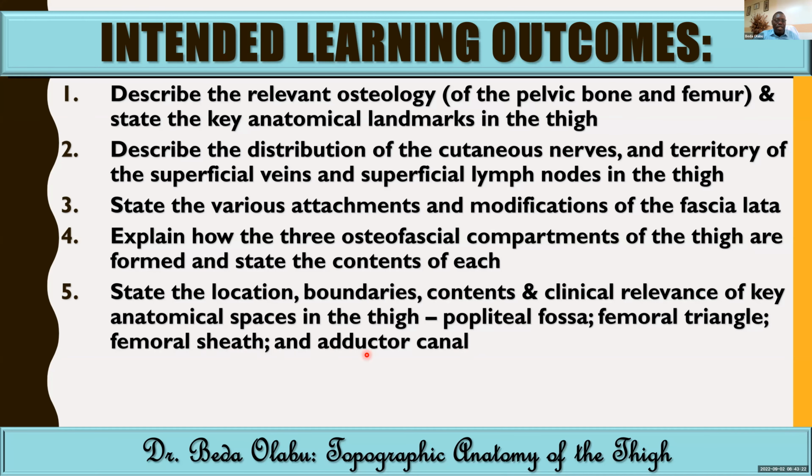And somewhere mid-thigh, we have what you call the adductor canal. So we look at those anatomical spaces. For each space, it will be important that we familiarize with where it's found, the boundaries or the borders, the contents, which means the structures found within it, and how this space is clinically important. So that is what we'll focus on concerning the anatomical spaces.